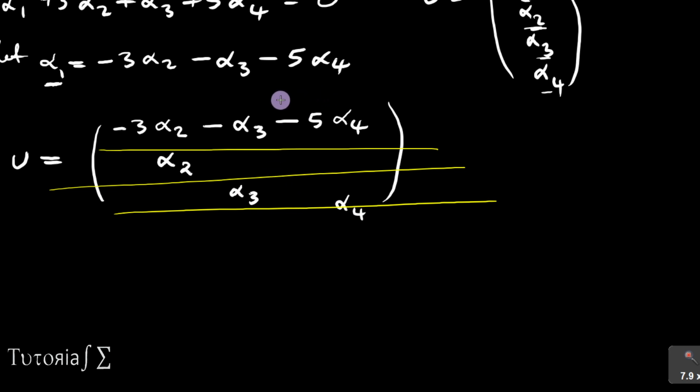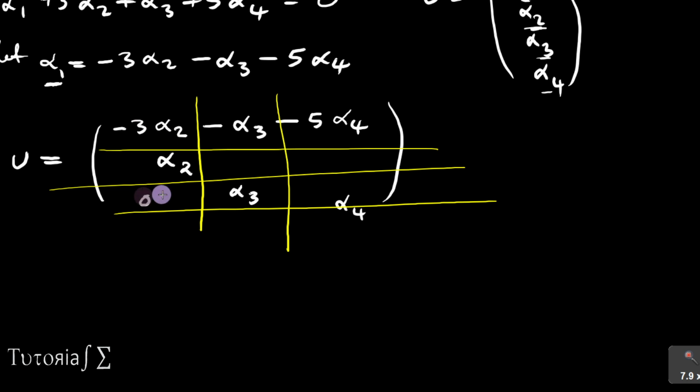Then we can separate the grids like this, such that the alpha 2s are in the same grid, the alpha 3s are in the same grid, and the alpha 4s are in the same grid like that. Okay, so if you check under your alpha 2s, there is no alpha 2 in this column, so we just put a 0.